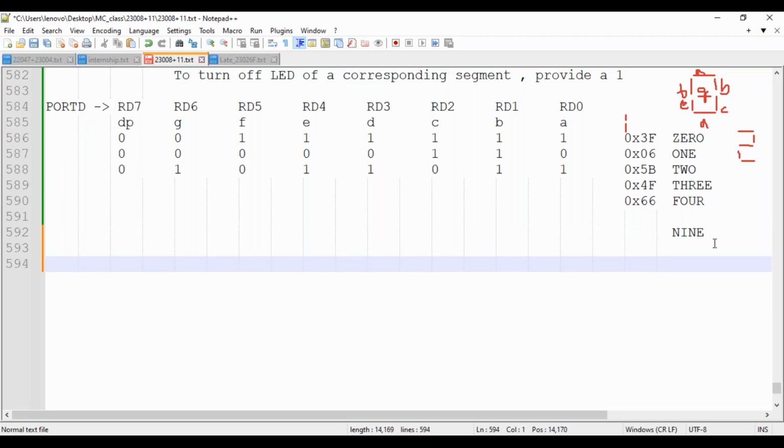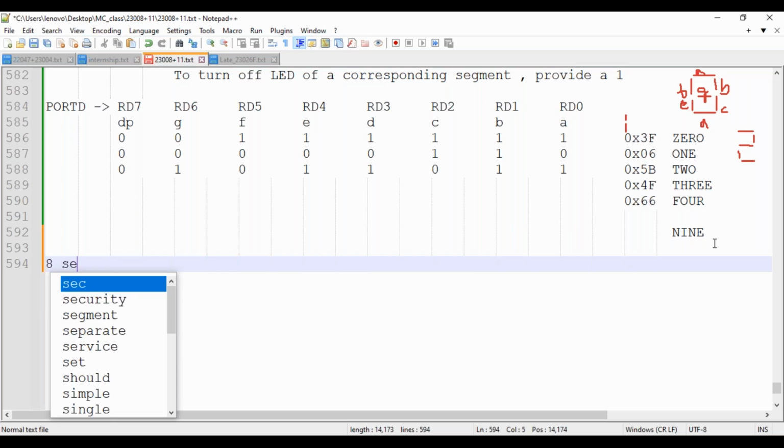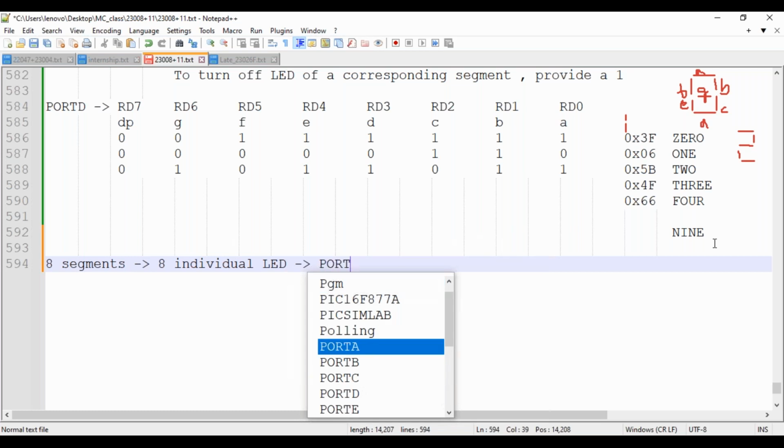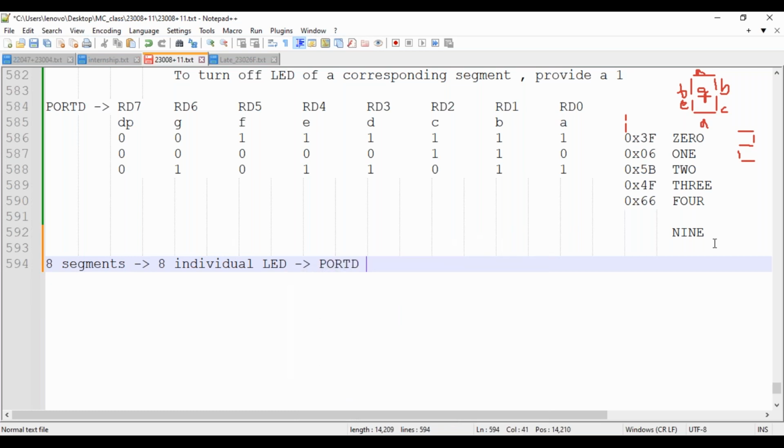Now let us speak about the direction of these pins. So the 8 segments have 8 individual LEDs. Now, these 8 individual LEDs are being connected to port D of the microcontroller. What should be the direction of the pins of port D?